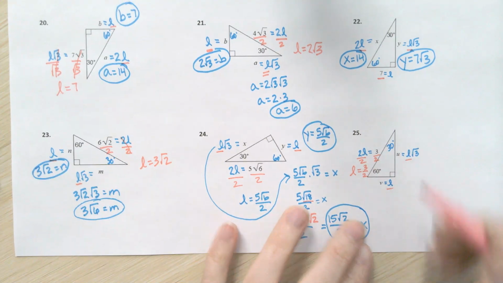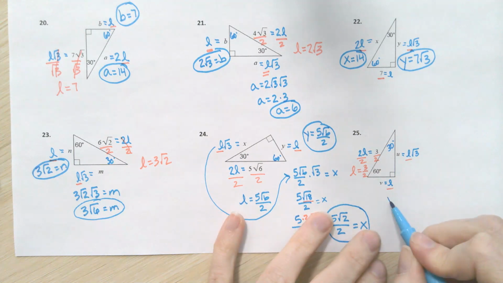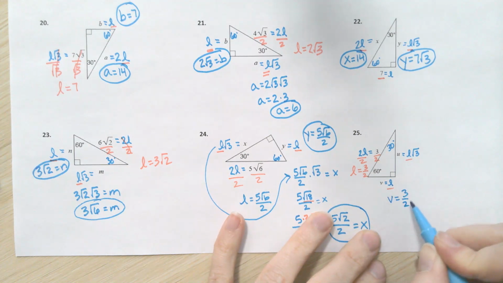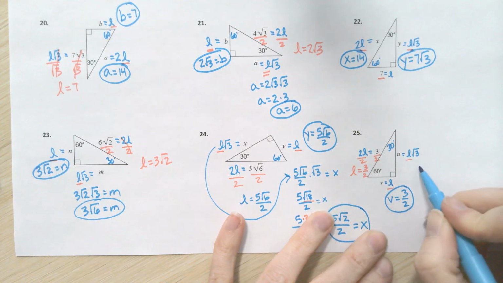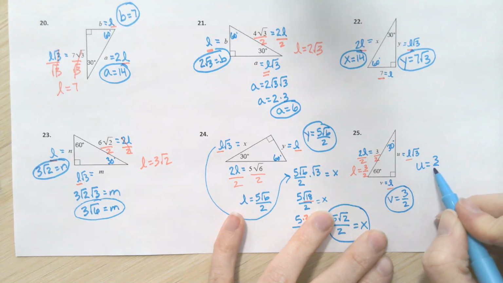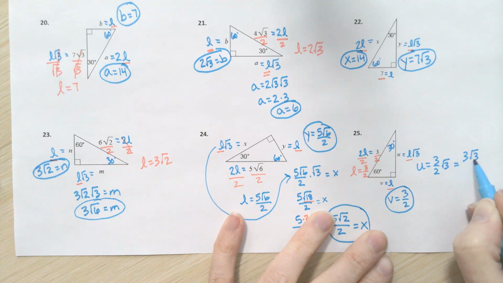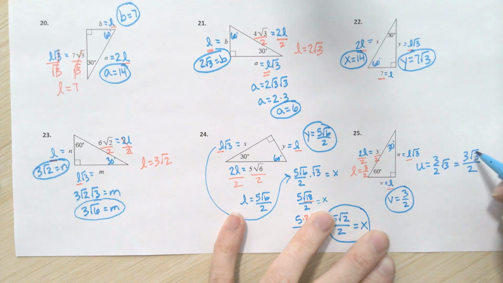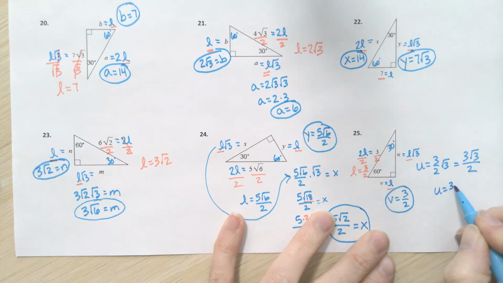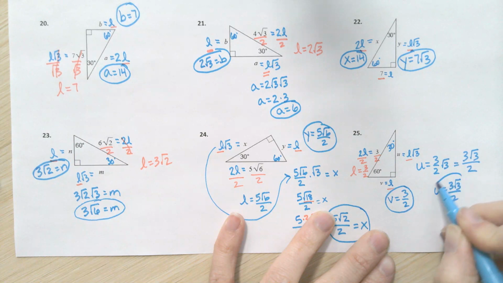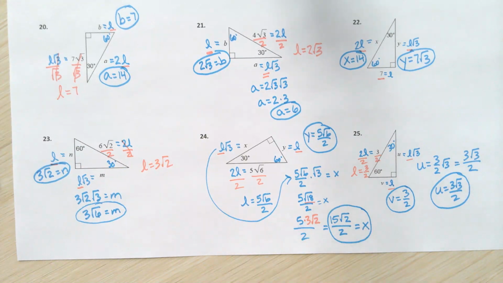And then plug that in everywhere we can. So V will be equal to 3/2. And then U is equal to 3/2 root 3, but remember that root belongs in the numerator. So U is equal to 3 root 3 over 2.